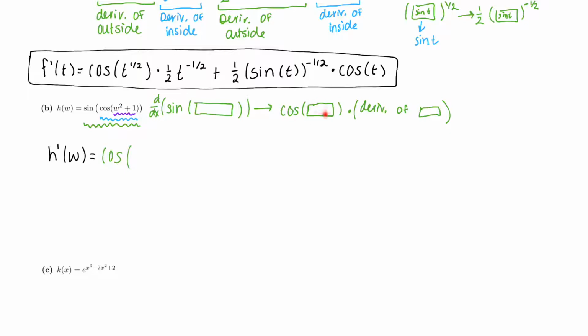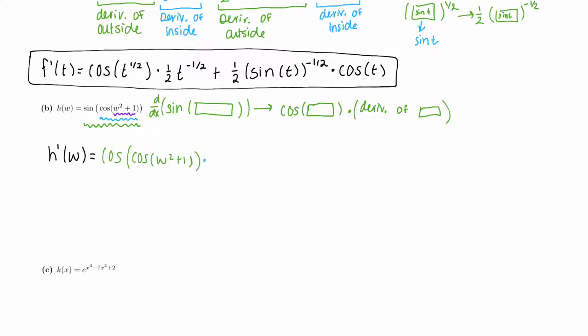Leave everything in here alone. So cosine of w squared plus 1. Let's see, wait, hold on. Too many parentheses there. So that's the derivative of the outside stuff.